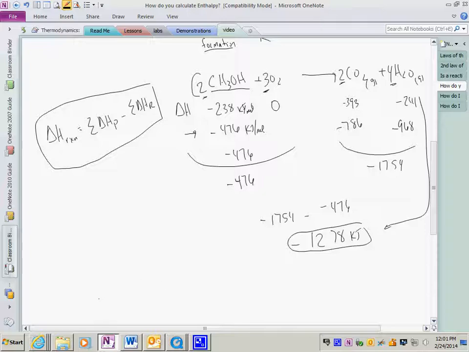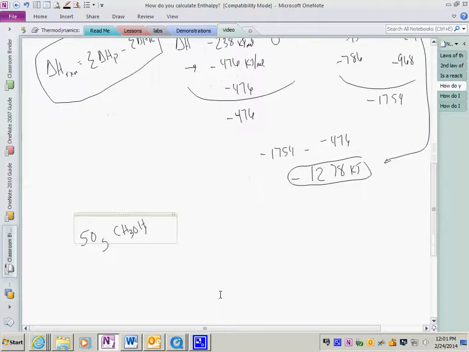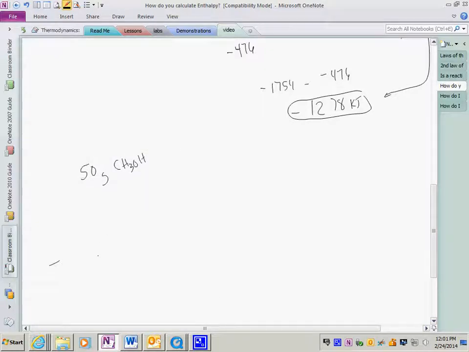What if I ran 50 grams of methanol through? CH3OH. This is again just linear mathematics. I would go 50 grams. Of course, this is on a per mole basis, so get rid of the grams and go to moles. One mole of methanol weighs 12, plus 3 more, plus 16, plus another 1.